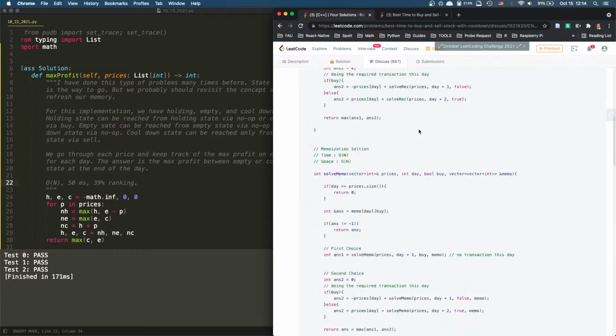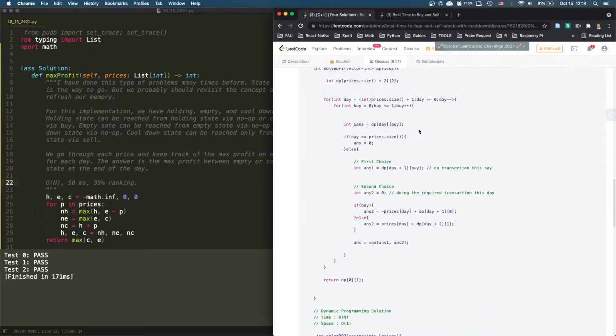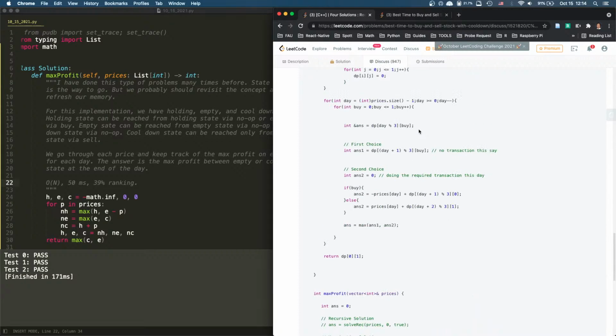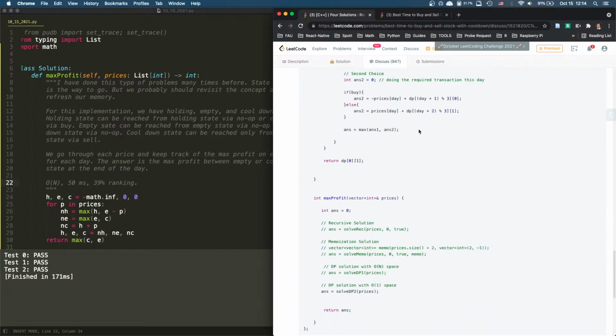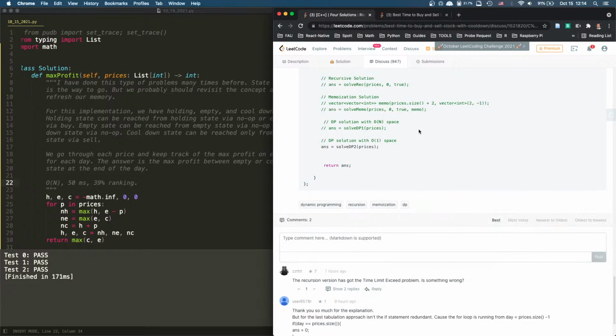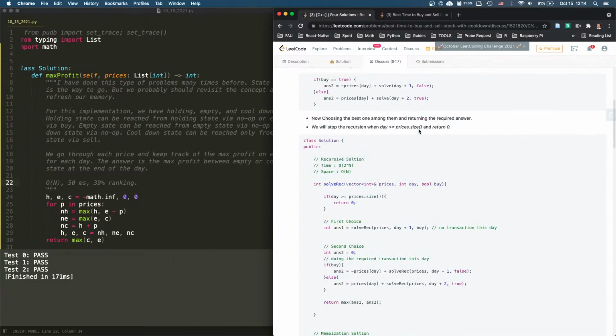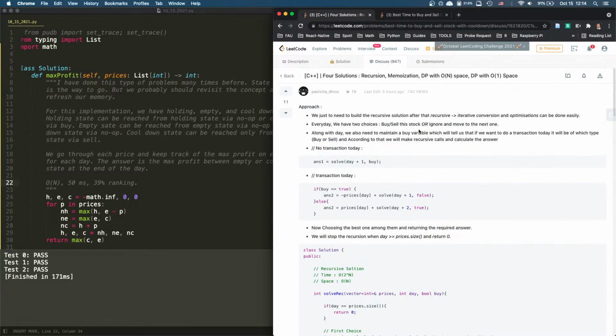Let's just read through. Dynamic programming. Buy or sell or ignore.